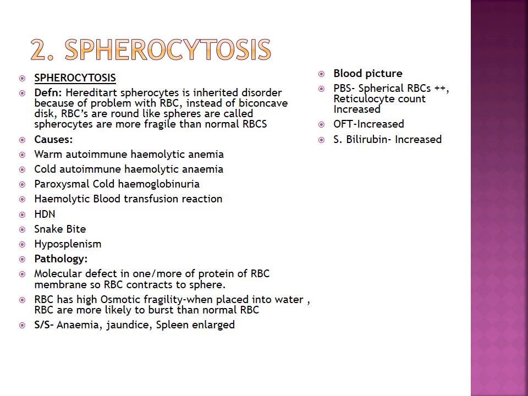Spherocytosis is a hereditary disorder because of problems with RBCs. Instead of a biconcave disc, RBCs are round like spheres, called spherocytes, and are more fragile than normal RBCs.